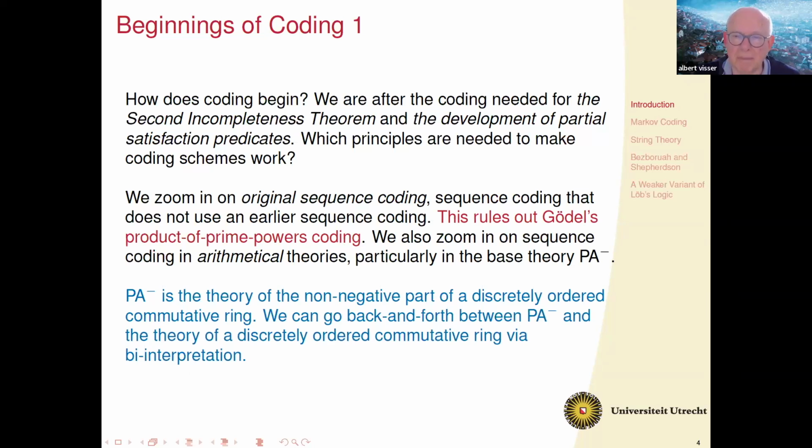So from that standpoint, I would prefer to look at the beta function and not at the product of prime powers coding. And we also zoom in on sequence coding in arithmetical theories, and in particular the base theory PA minus.